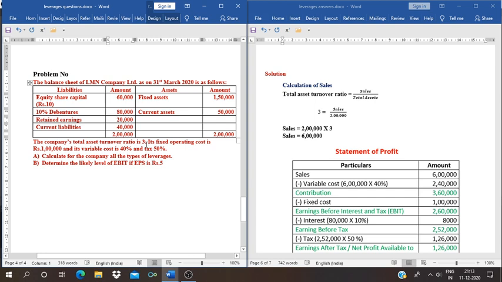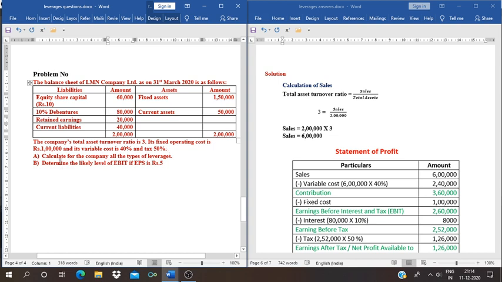With the help of this, we are going to calculate the sales. The formula for total asset turnover ratio is sales divided by total assets. Here total assets is given as 2 lakhs. Then its fixed operating cost is rupees 1 lakh. That is fixed cost. And its variable cost is 40% and tax is 50%.